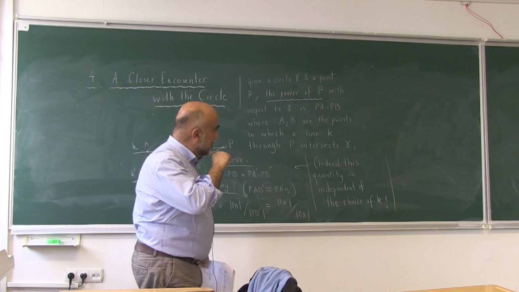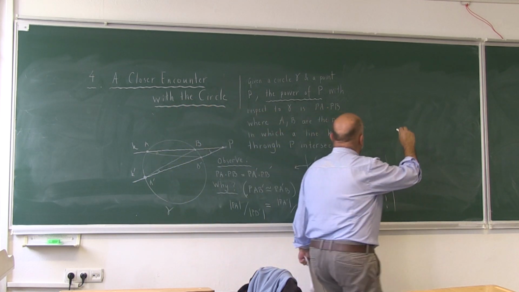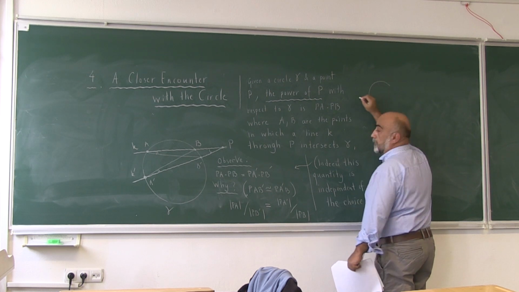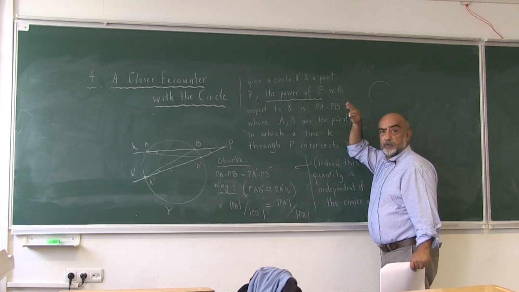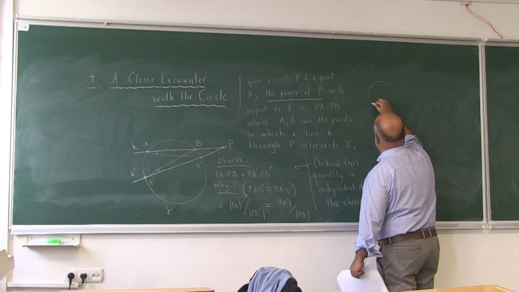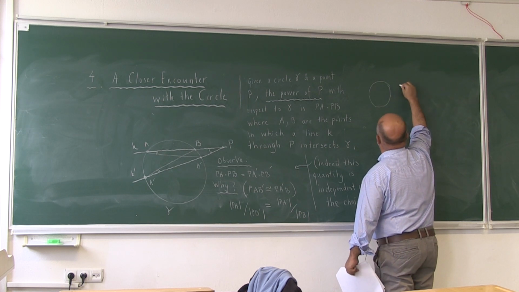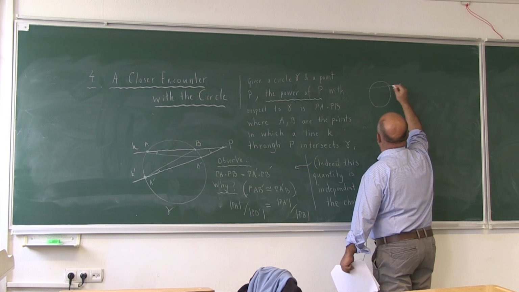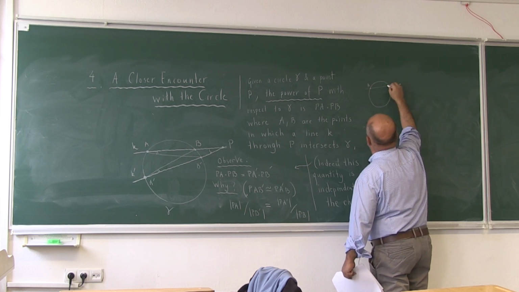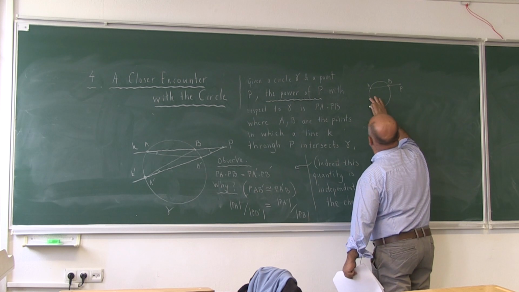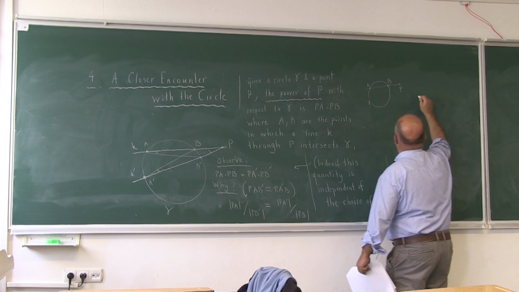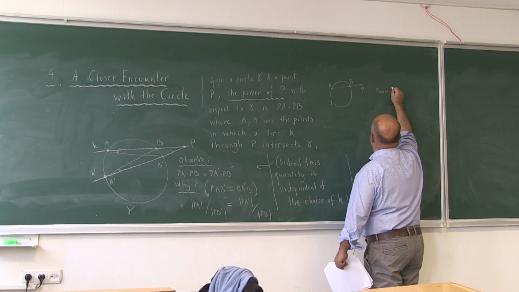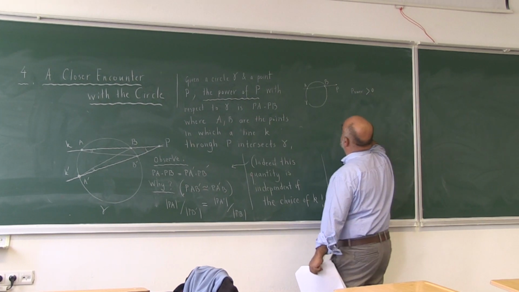And I would like to make a few remarks. First of all, notice that if you choose your point outside the circle, okay, so that's your circle gamma, then this power is in this case strictly positive.